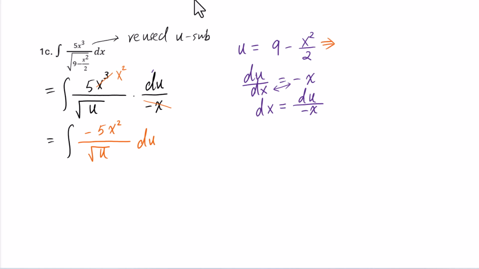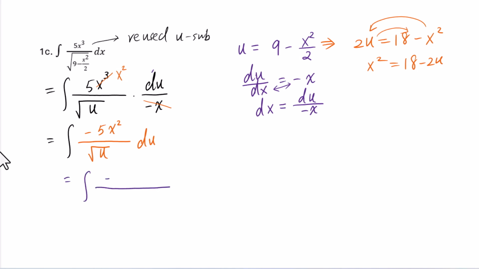From this equation, we need to figure out x squared. Both sides times 2: 2u equals 9 minus x squared times 2, which is 18 minus x squared. So x squared equals 18 minus 2u. The substitution gives the integral of negative 5 times (18 minus 2u) over square root of u du.